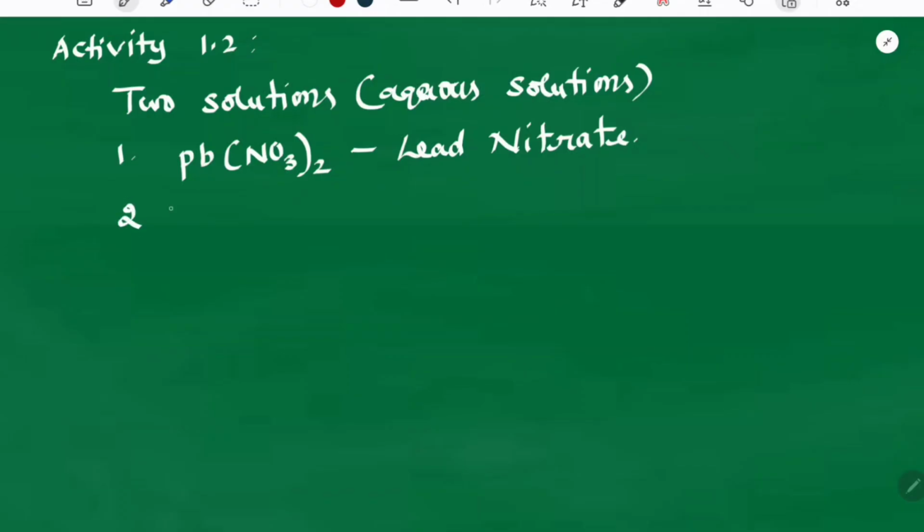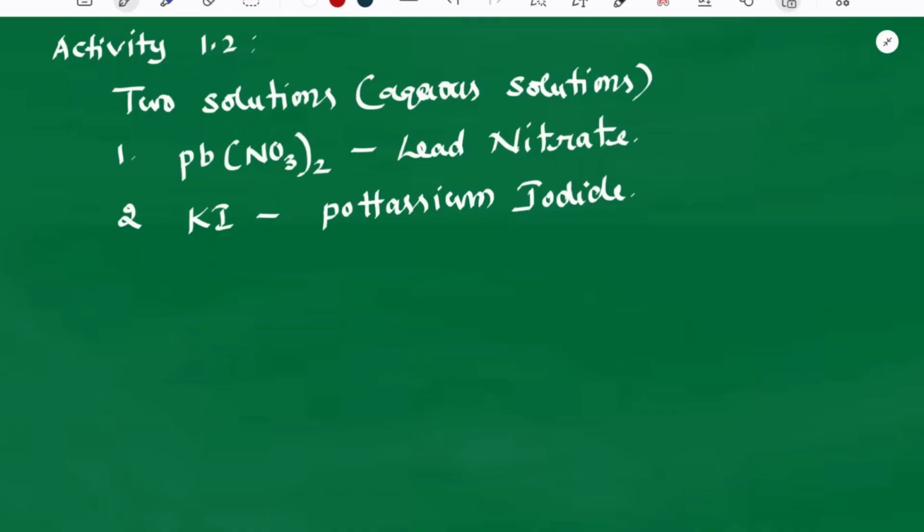And the second one is KI. Its chemical name is potassium iodide. Just we are mixing these two solutions in a single test tube. That means we mix the two solutions in the test tube.